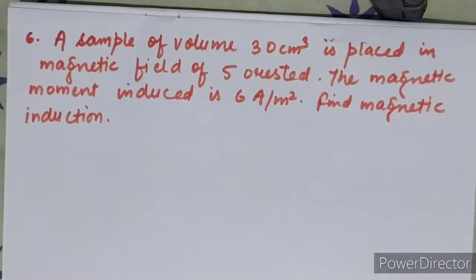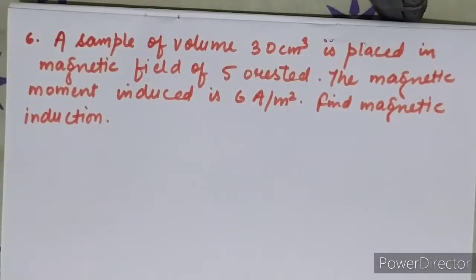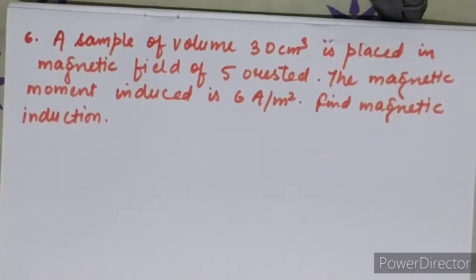Okay. Now in this question, what are the given values? As a question comes to you, even in the exams, first just see what the given values are and which physical quantity you are asked to find.